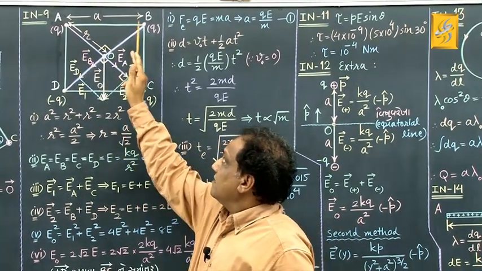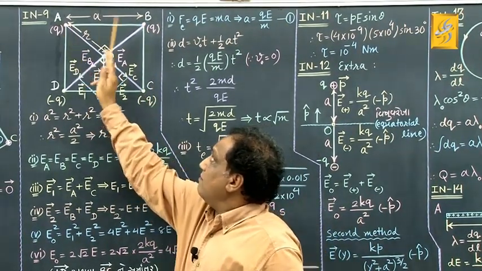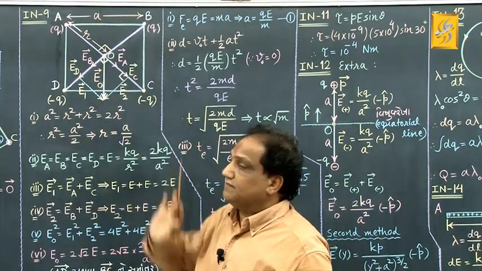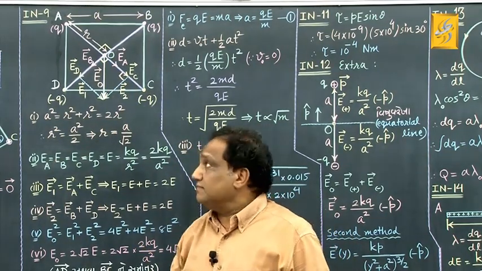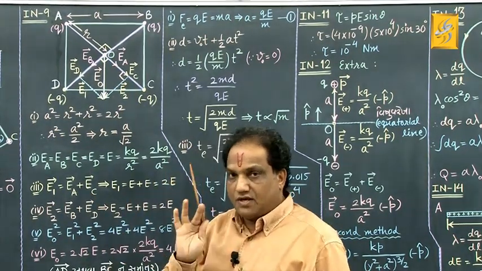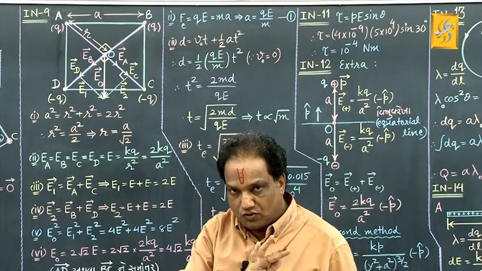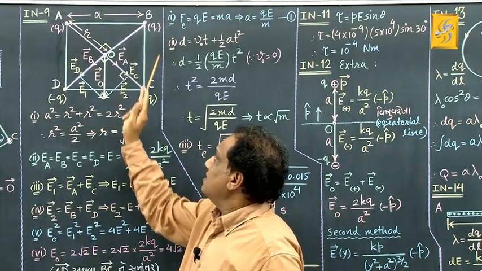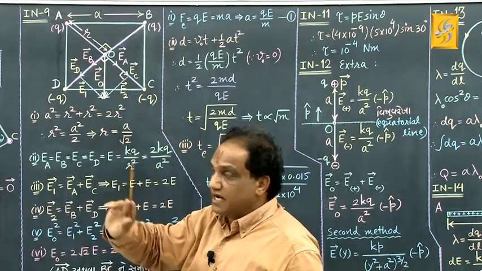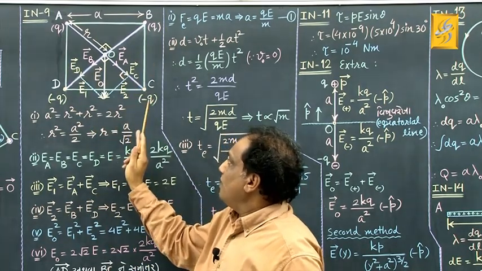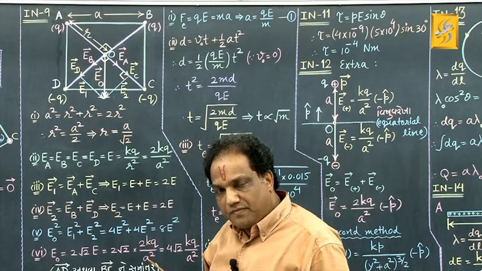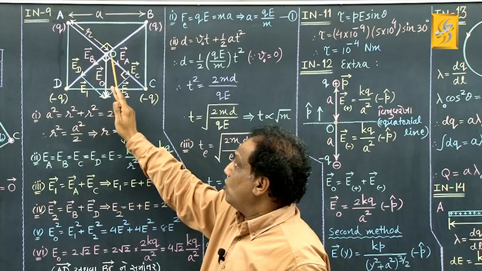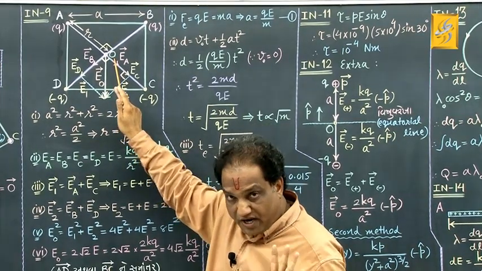We are given a square ABCD having side length small a. We are also given 4 point charges Q, Q, minus Q, minus Q, which are placed respectively at vertices A, B, C and D. You can just check it. Q, Q, minus Q, minus Q. They have asked what is the resultant electric field at the centroid O. That is what we have to find out.